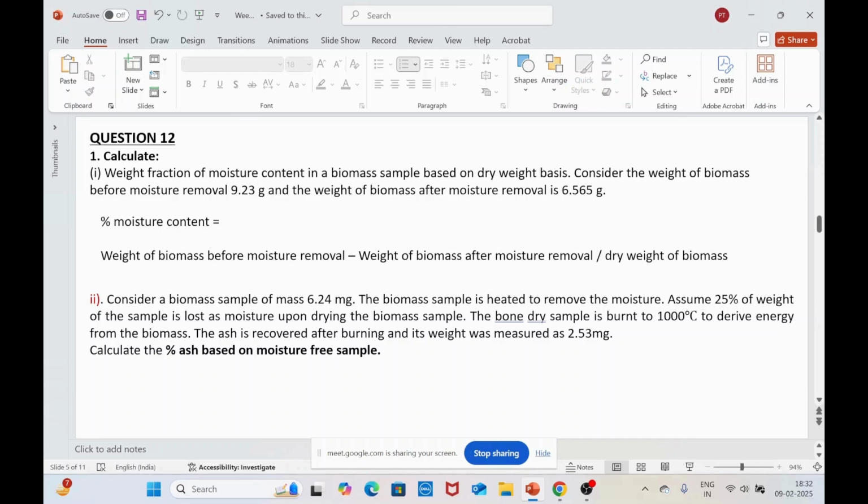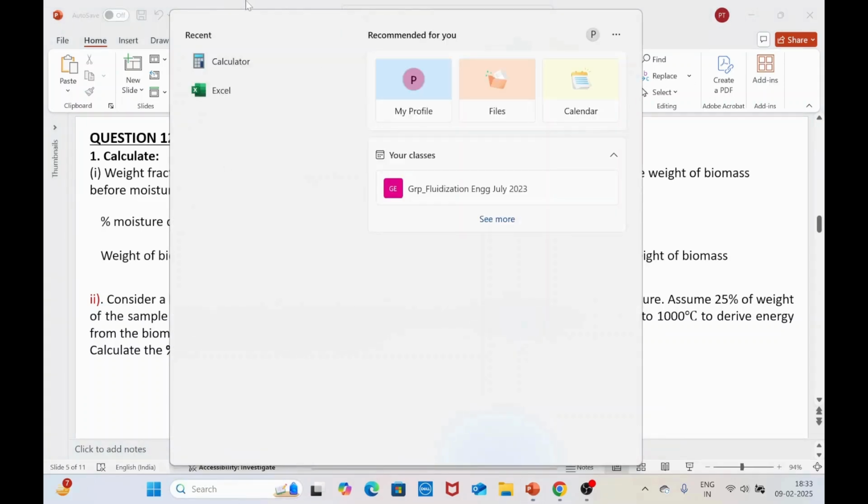Your basis actually matters. So here it is a dry weight basis. So what is the answer to this question? 40.6. Okay, let me calculate and check.